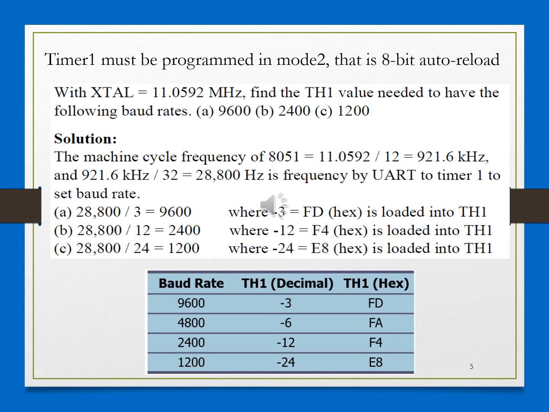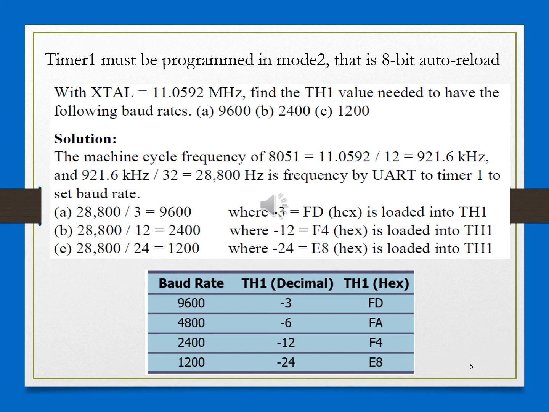So if you want 2400 as your baud rate, that means you have to divide 28,800 by 12. So this -12 in decimal can be loaded into the TH1 register of timer 1, or its hexadecimal F4 will be loaded into the TH1 register.